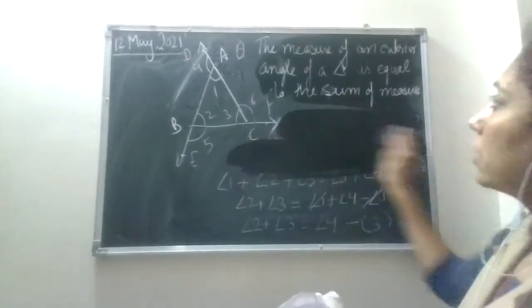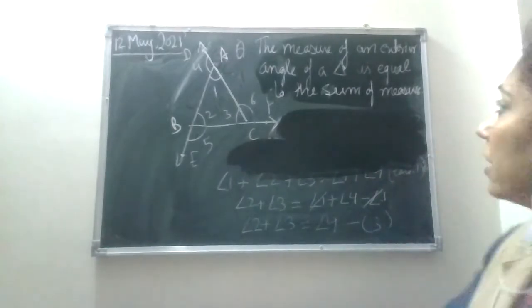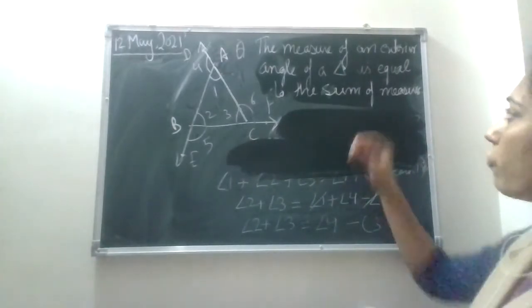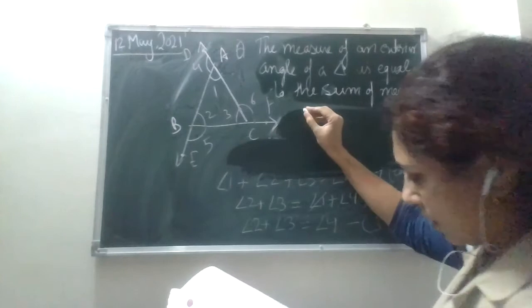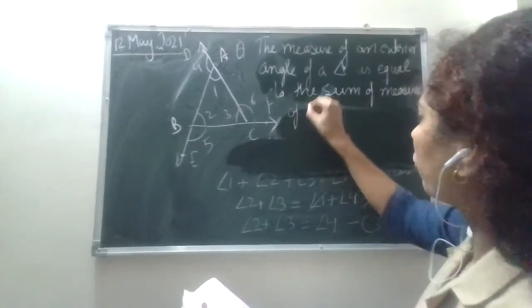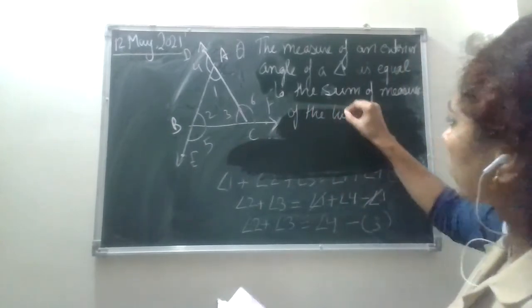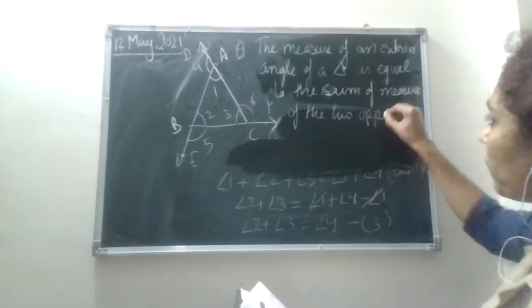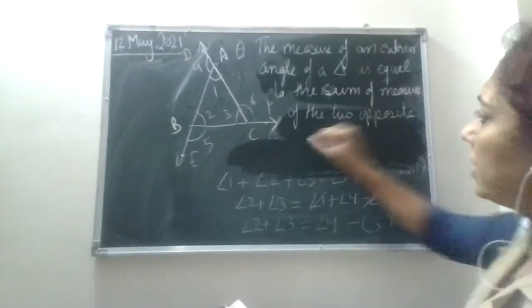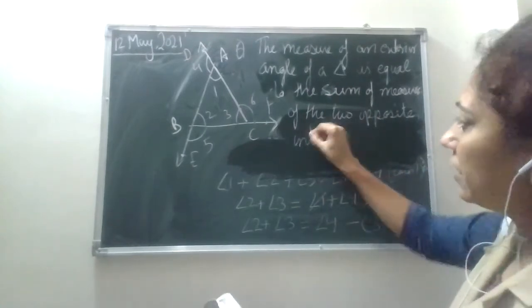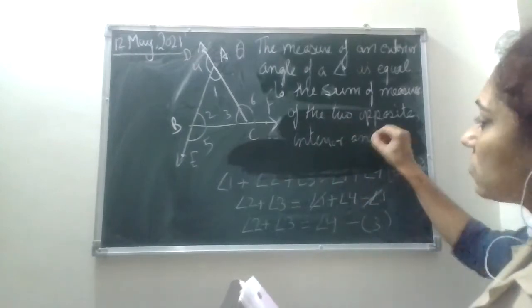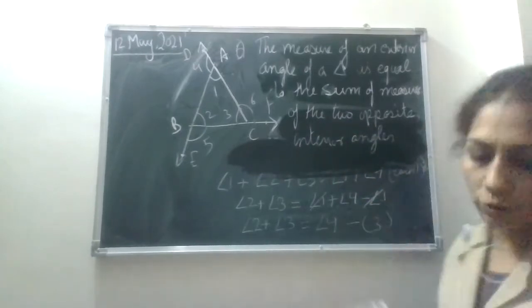The measure of an exterior angle of a triangle is equal to the sum of the measure of the two opposite interior angles. It is very much given in your book, this property also.